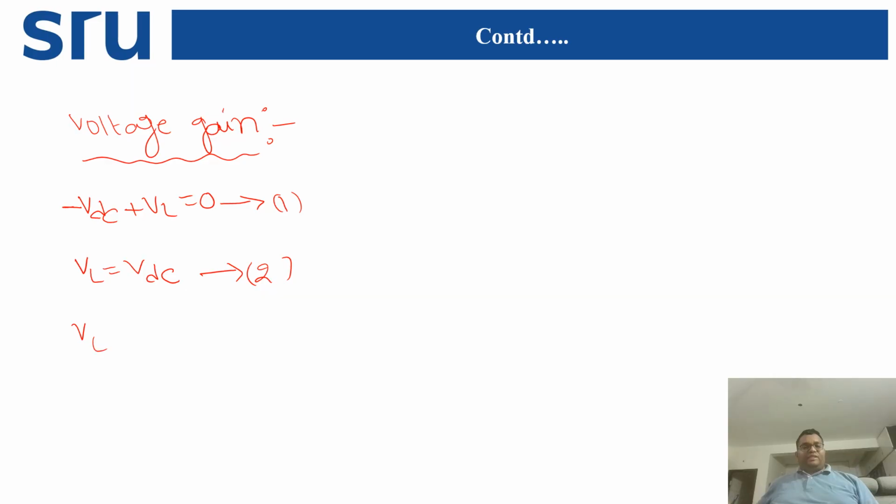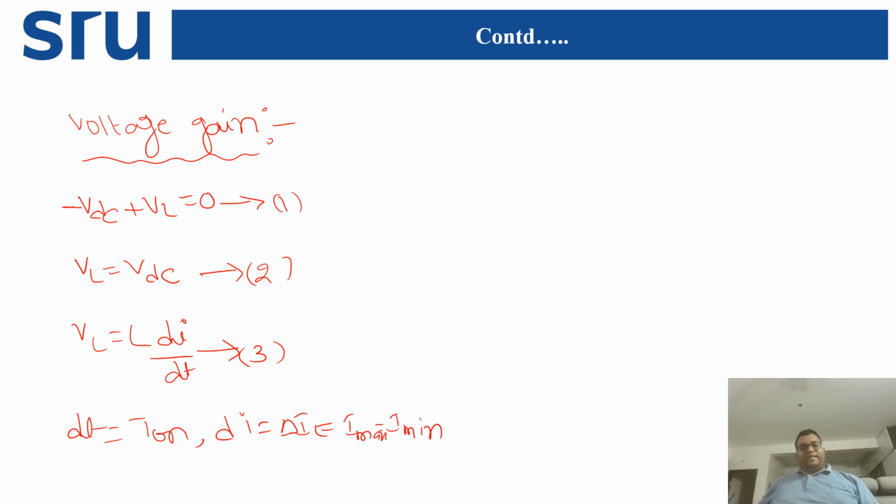And we know that VL is equal to L into di by dt. In the switch on condition, dt is equal to T on, and di is nothing but delta IL, that is equal to I maxima minus I minima. Then equation number 4.